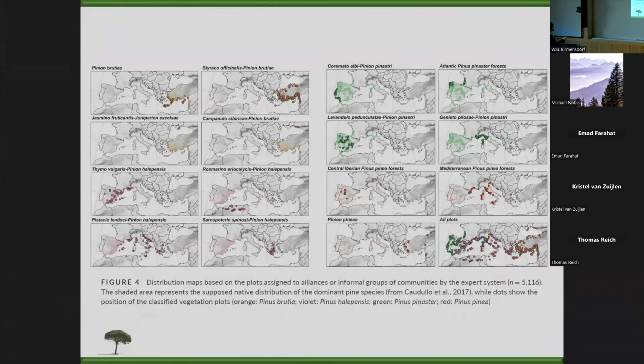And different colors here, which are orange, green, pink, and red, refer to the dominance. Yeah? So Pinus alepensis, brutia, pinea, and pinaster. I don't enter too much into the detail because I know the audience is from different backgrounds. So I'm happy with this main message, but if you are more interested, I can tell you more.